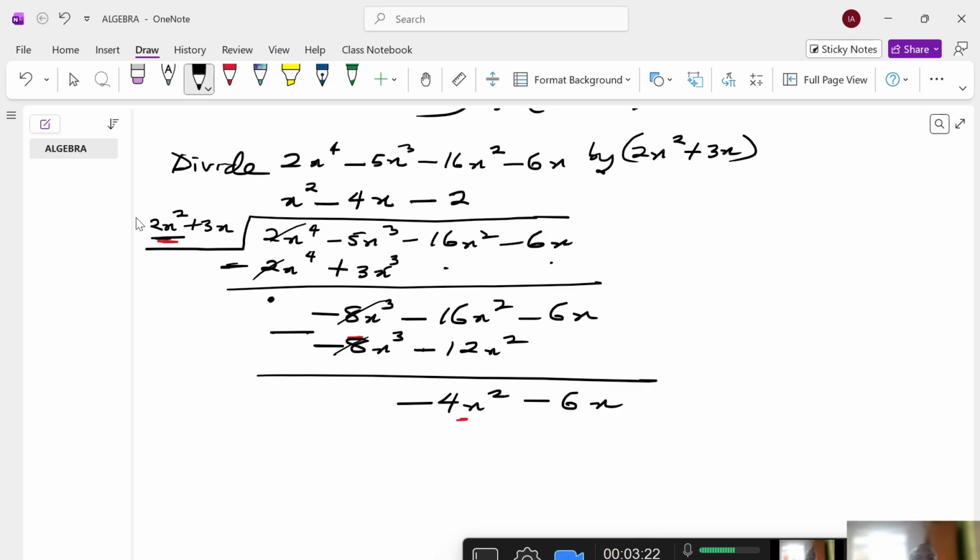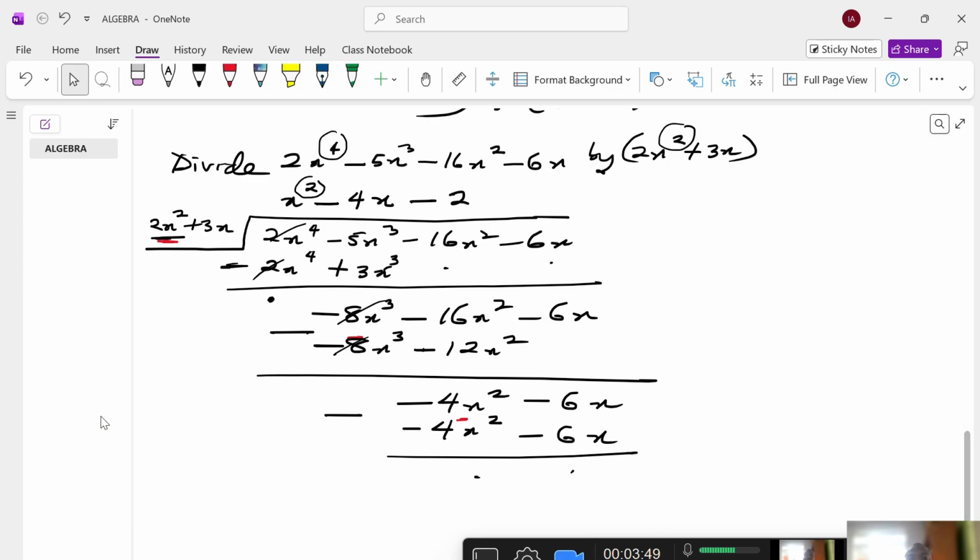So minus 2 times 2x squared gives me minus 4x squared. Minus 2 times plus 3x gives me minus 6x. When I subtract again, I still get no remainder. So that means when you divide this by this, it is this. You can see when I divide a degree 4 by degree 2, I still got degree 2 as my answer.